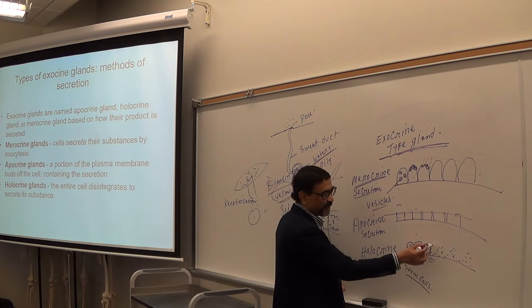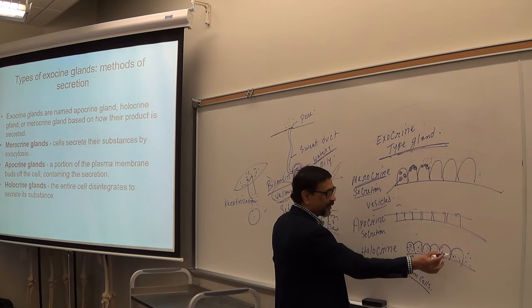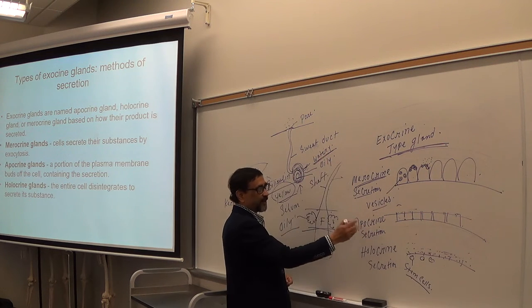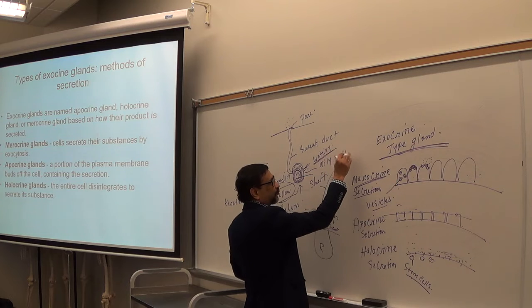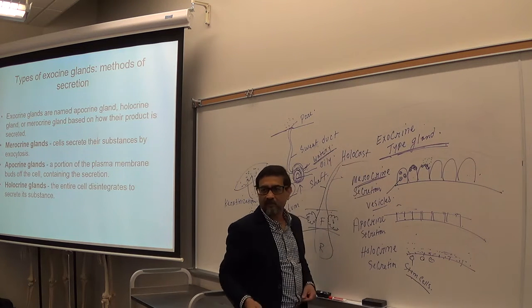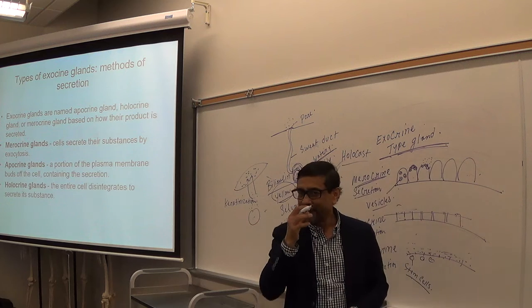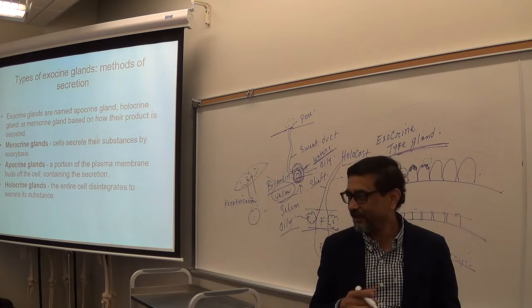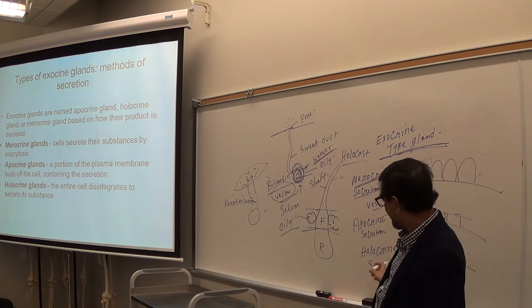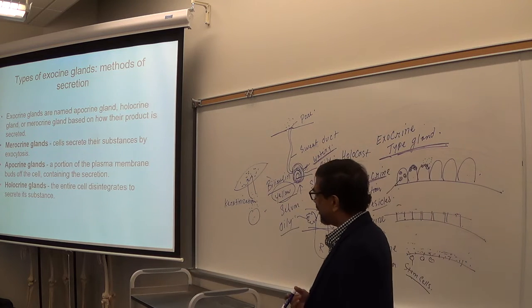So new cells will be produced from the stem cells, and again these cells will be completely destroyed. It's a massive death or killing, right? So, by killing the cells, the secretion is occurring.